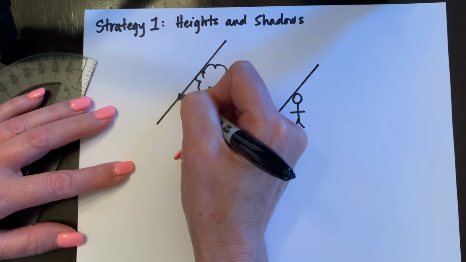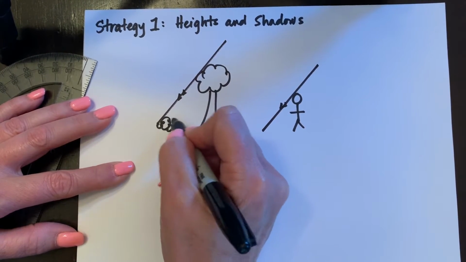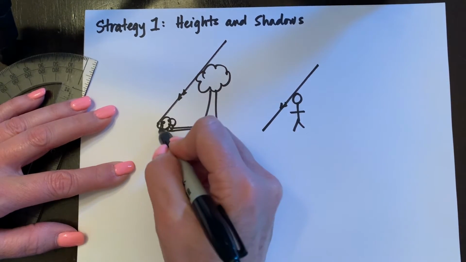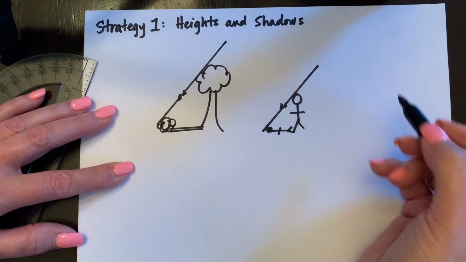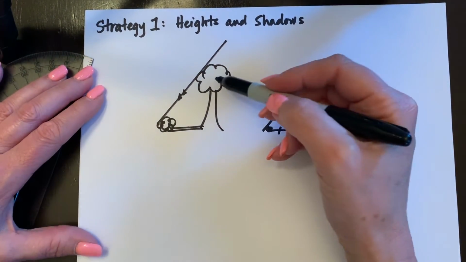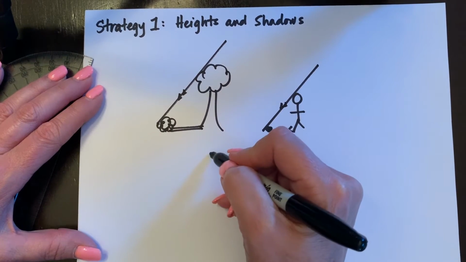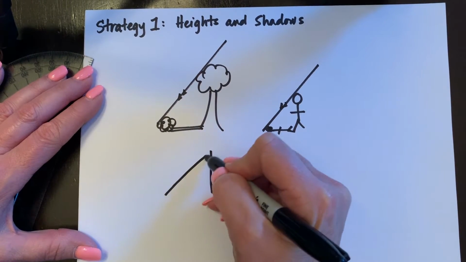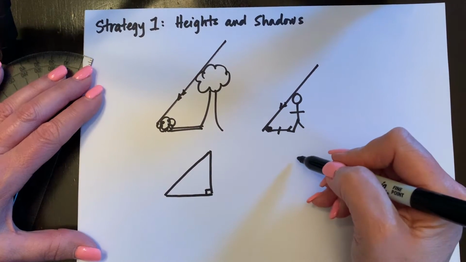And so as these rays were shining down, it caused the tree to form a shadow and my daughter to form a shadow. And what we end up having is a situation with two similar right triangles. So let me draw out each right triangle.